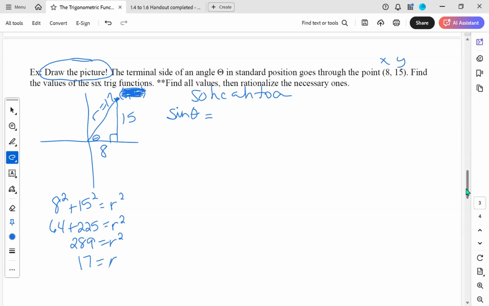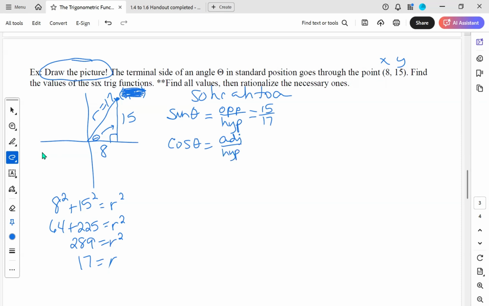All right, so we're going to go find the sine of our angle theta being right here. So the sine of theta is going to be opposite over hypotenuse. The one that's opposite the angle is 15. So that's going to be 15 over 17, my hypotenuse. And I just leave it as that, 15 over 17. Now I do the cosine of theta, which is adjacent over hypotenuse.